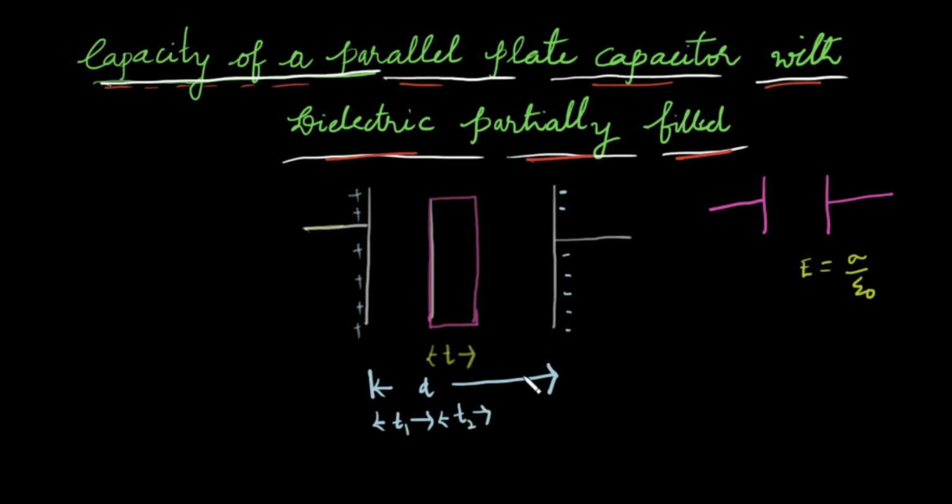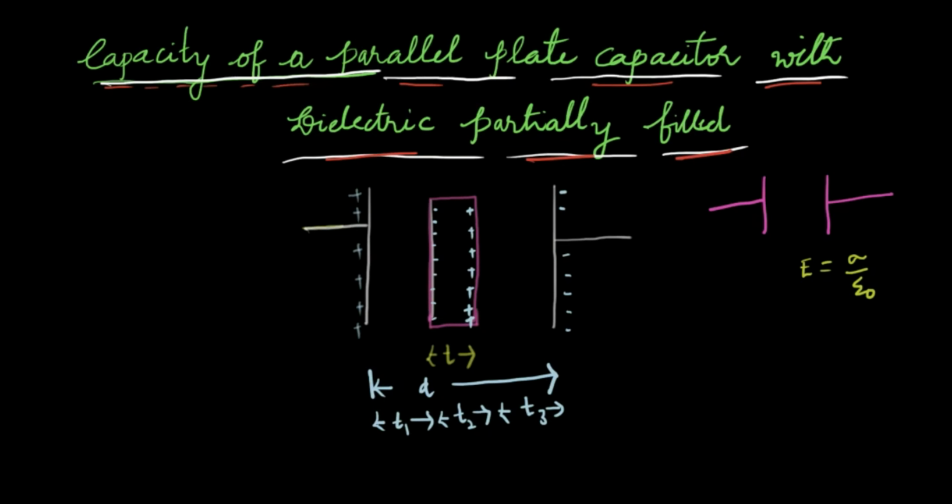Now this distance we take as T3, the distance between the dielectric and the negative plate. Now due to this positive charge, it will induce negative charge in the dielectric in this direction, and due to this negative it will induce positive in this direction. Now let us write the electric fields.